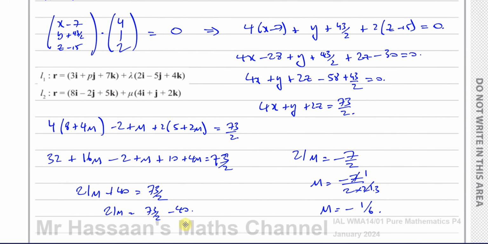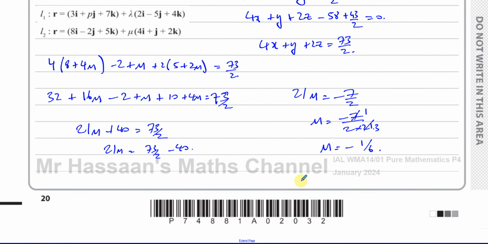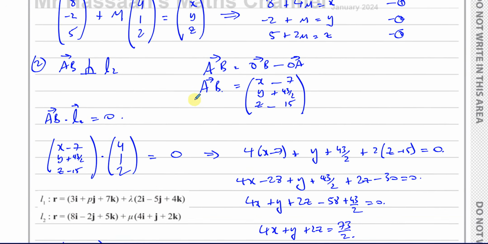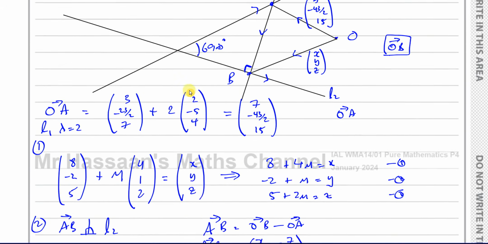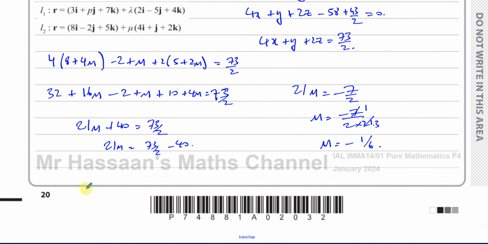Okay, so now we will use this value of mu as minus 1/6 and put it into the second equation. So we can say that what we're trying to find, which is the coordinates of B. Okay, because first of all let's find the vector from O to B, therefore is going to be equal to this 8, minus 2 and 5, plus minus 1 over 6 times 4, 1 and 2.